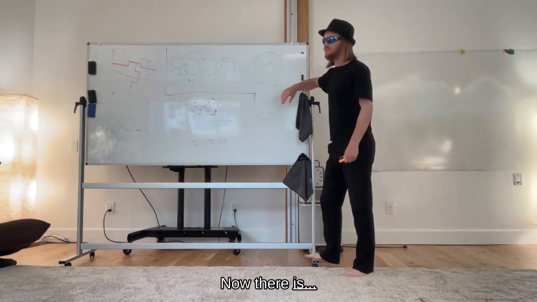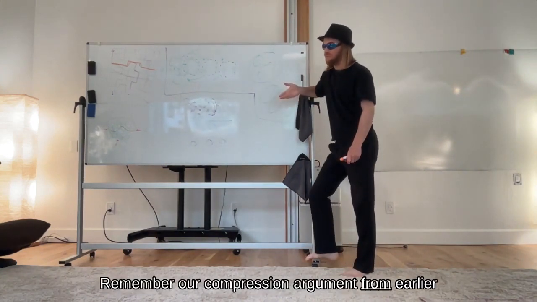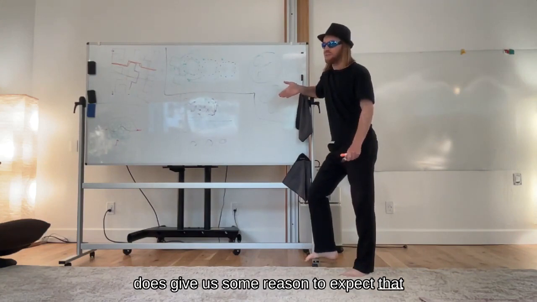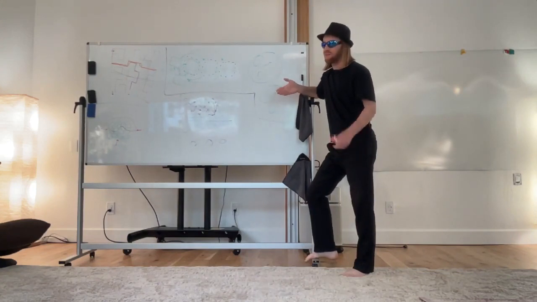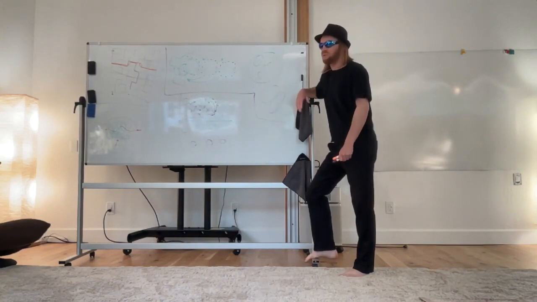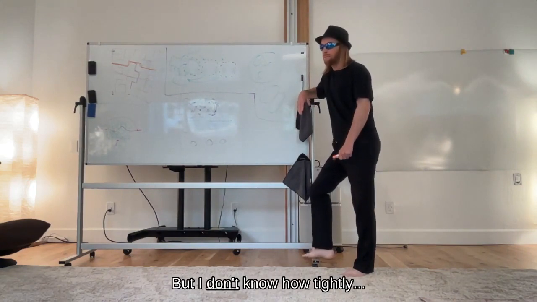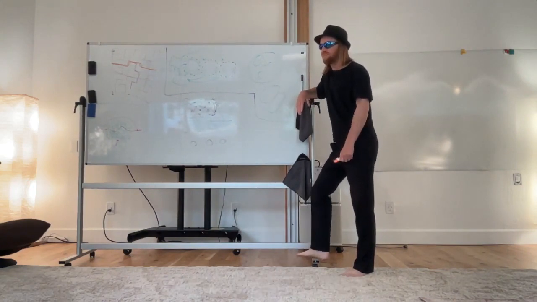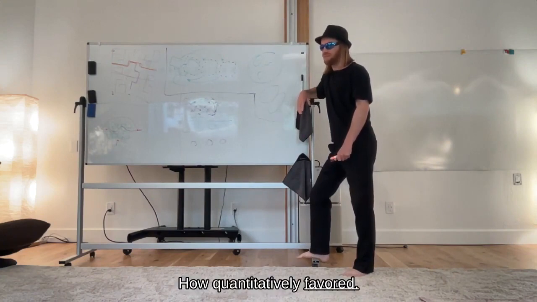Now, remember our compression argument from earlier does give us some reason to expect that something more general will be favored. Yeah. Favored definitely, but I don't know how tightly, how quantitatively favored.